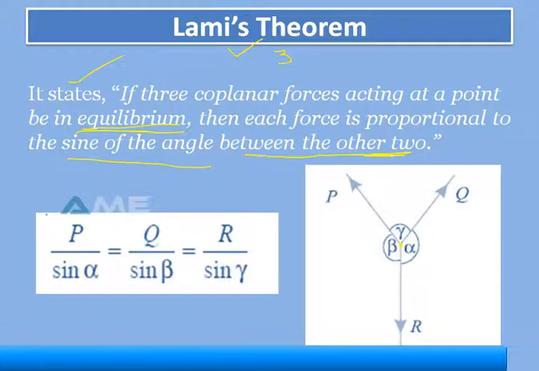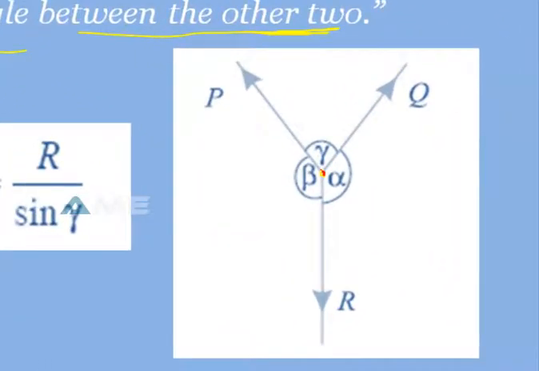Now see this figure. Here we have a point or a particle on which three forces are acting, P, Q and R, and by acting on the body, the body is in equilibrium. Between two forces there is some angle, which are alpha, beta and gamma.